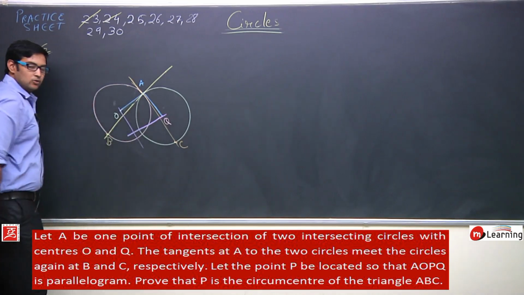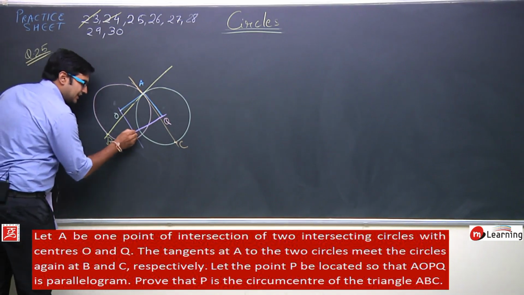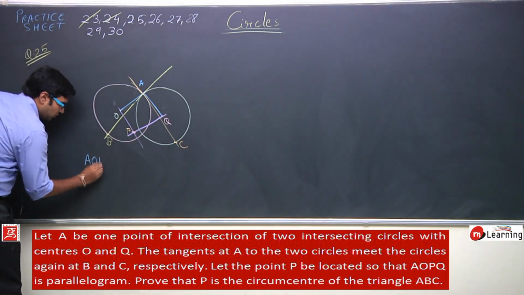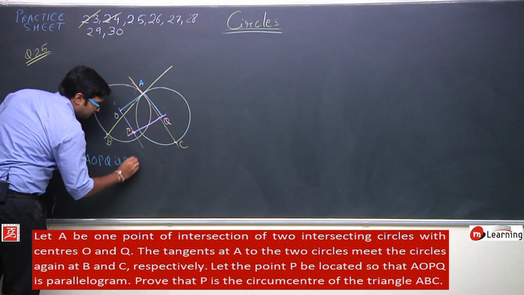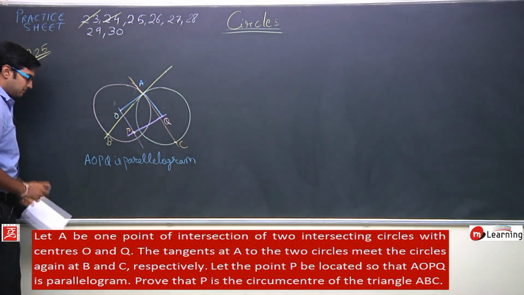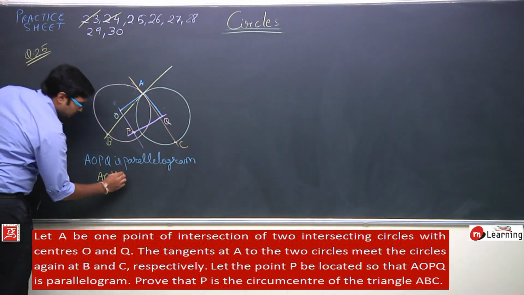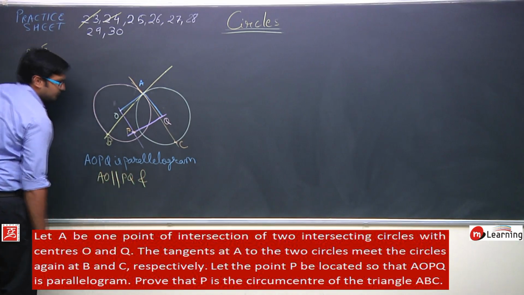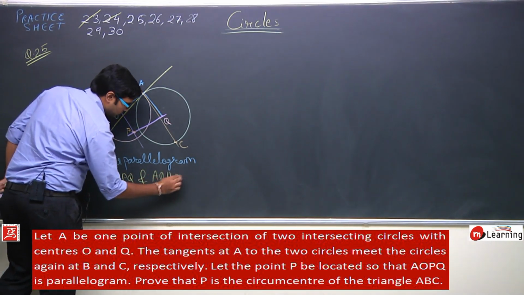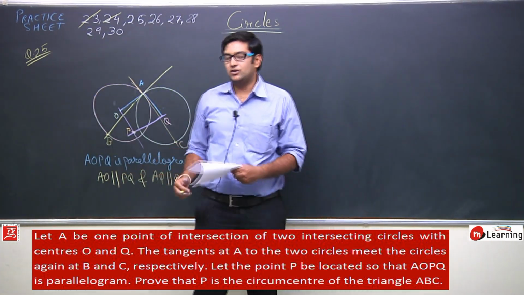This line is parallel to AO, and the point at which these two lines intersect is point P. It is given that AOPQ is a parallelogram. Since AOPQ is a parallelogram, I can say AO is parallel to PQ and AQ is parallel to OP. This is the property of a parallelogram.